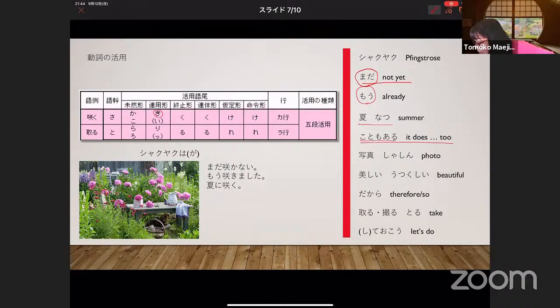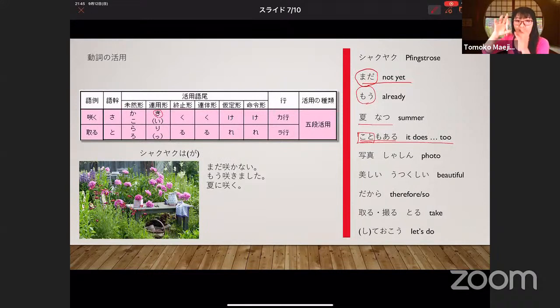こともある. So this こと is a noun, yeah? So you conjugate with こと, and then it sometimes does that. ことも, も means too, ある. Koto mo aru. 芍薬は、5月に, Gogatsu ni.